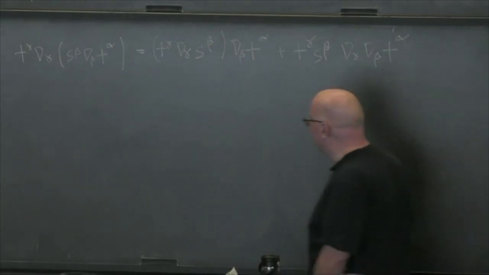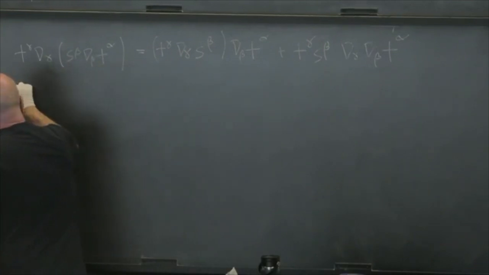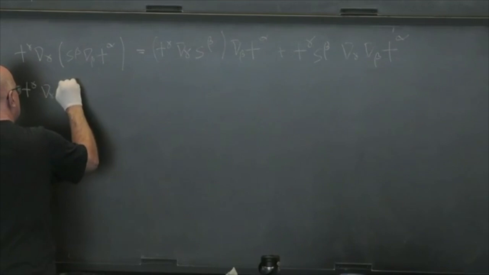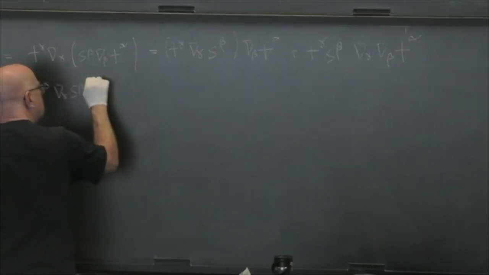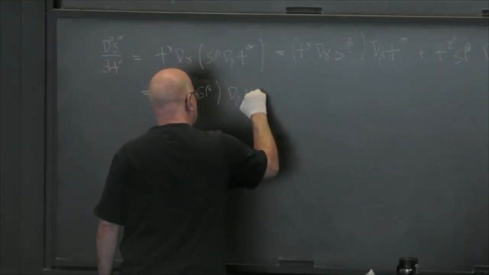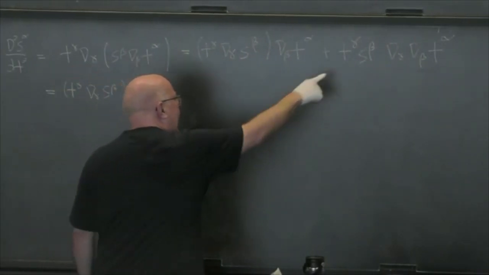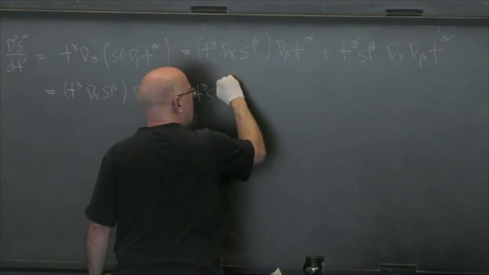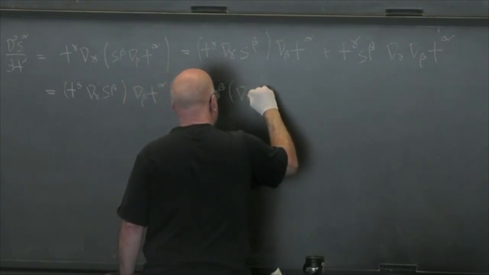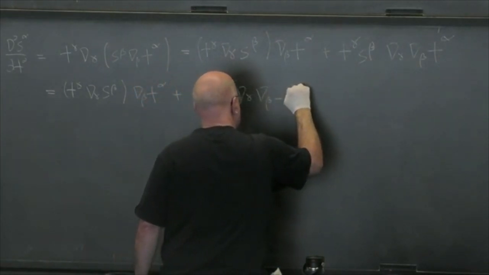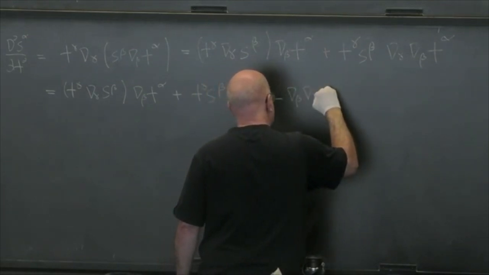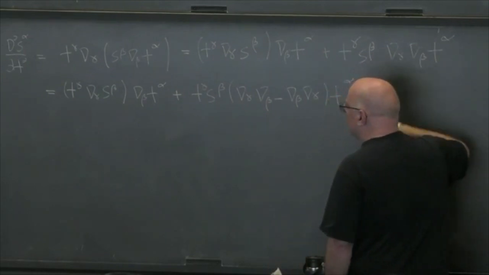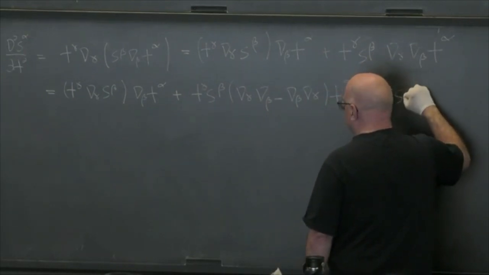So let's do that. So this I'm going to leave alone. And to get the Riemann tensor out of this, what I'm going to do is to take the commutator between those two derivatives. And then I'm going to add the term that's left over.